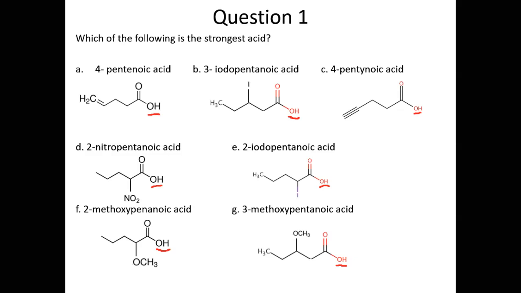We go on to the second criterion. Do you know this? This is resonance. Which one of these has resonance, where the reaction center is the OH bond? This has resonance. This has resonance. This has resonance.